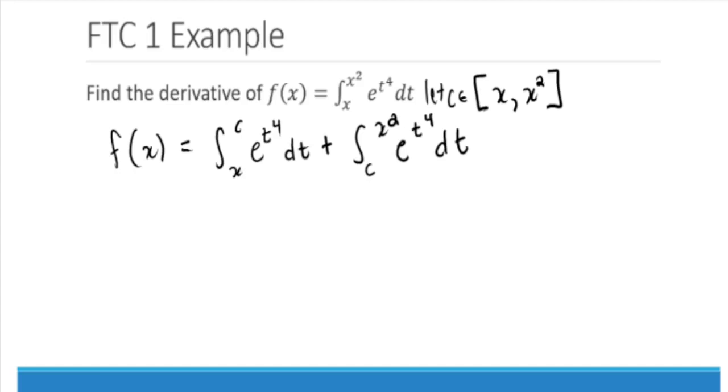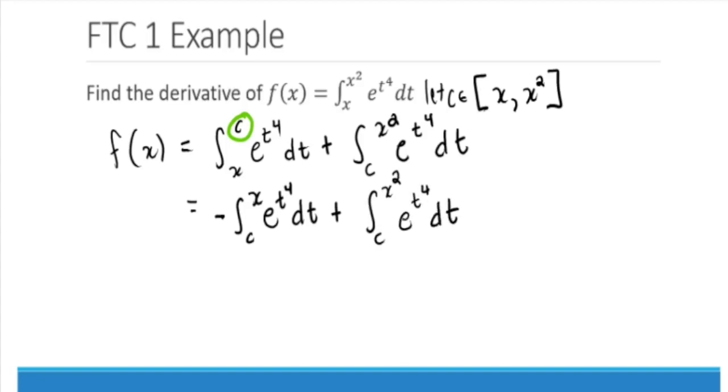Okay, and then, note that the constant is on top for the first part. So we again apply the property of integrals where we swap the limits. And the second part is still the same. This part here is quite straightforward because x is the upper limit.